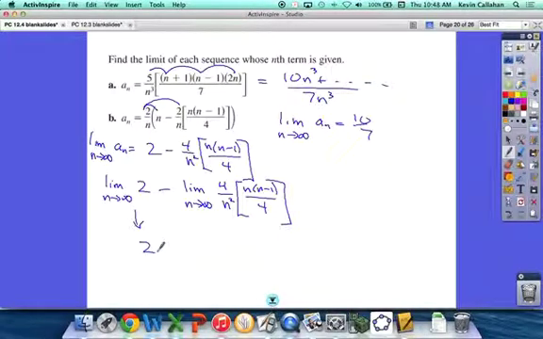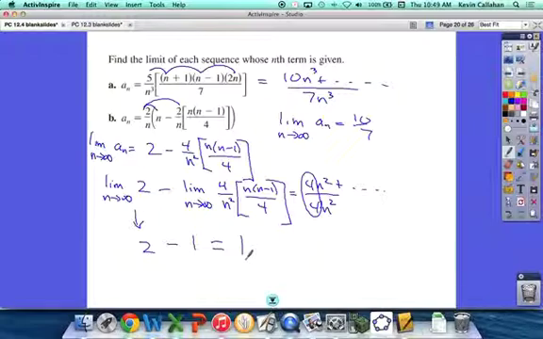And then the second one, what is going to be the highest power term in the numerator? n times 4, that's 4n squared. And in the denominator, it's 4n squared. So they have the same highest power. I should have said plus dot, dot, dot. They have the same highest power, so it's a ratio of the coefficients, which is 1. So that's 2 minus 1, which is 1.